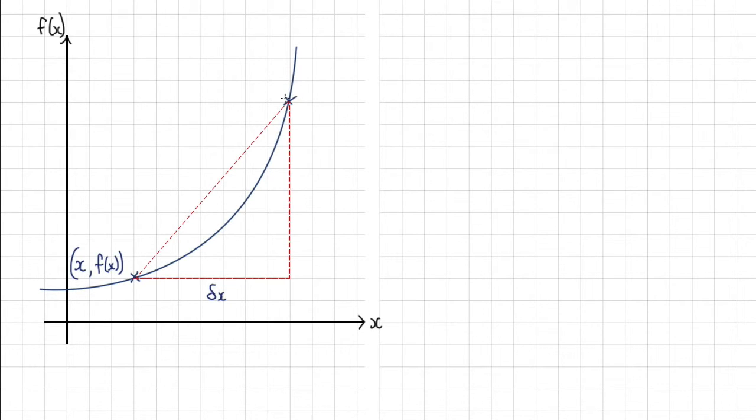So the coordinates of this point will be x plus the little bit of x. And the y-ordinate, well, here we've got f of x, but this time, x has been replaced by x plus delta x. Therefore, the y-ordinate will be f of x plus delta x.